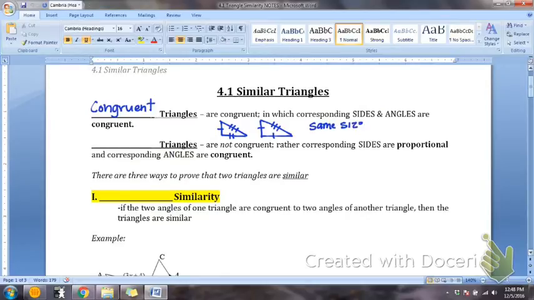Same size, same shape. You need another hash on the bottom. Oh, thank you. Okay, so congruent triangles are the same size and the same shape. I did my best there to draw two triangles that look exactly the same.